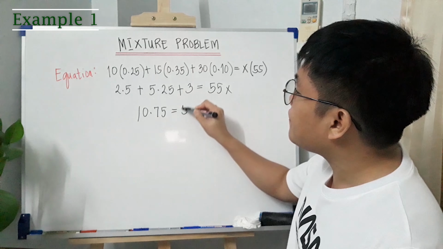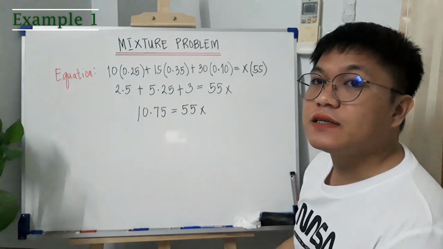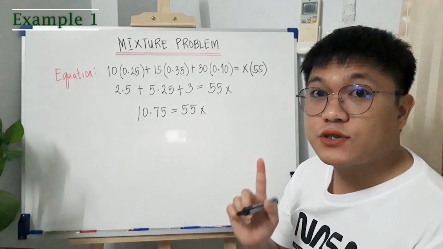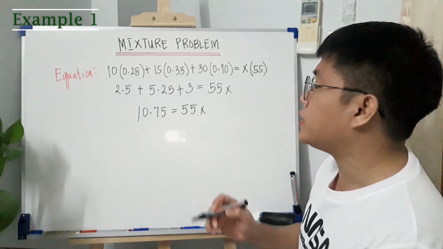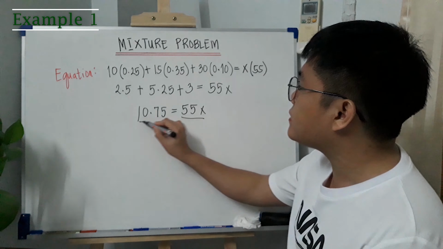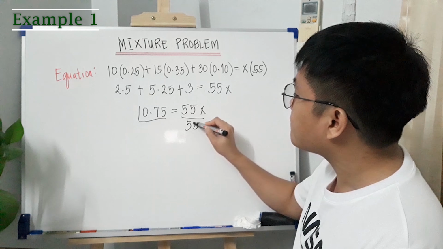Now remember, our goal is to solve for x, which is the percent concentration in the mixture. So we divide both sides by 55.